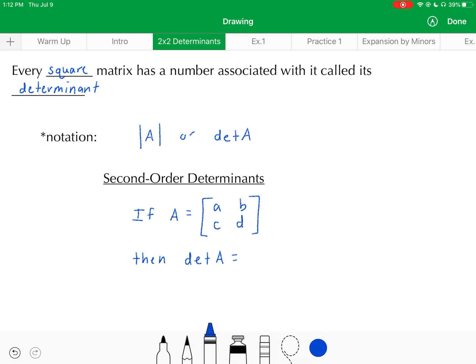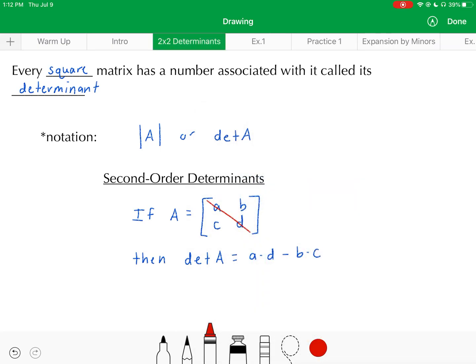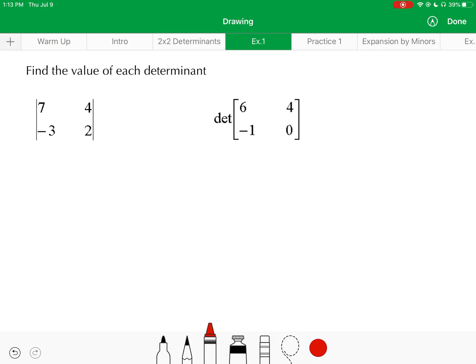You would take element A, multiply it by element D, and then subtract the product of element B and element C. So you're simply finding that product, and subtracting the second from the first. And that's going to result in your determinant, just a numerical value. Okay, really simple.